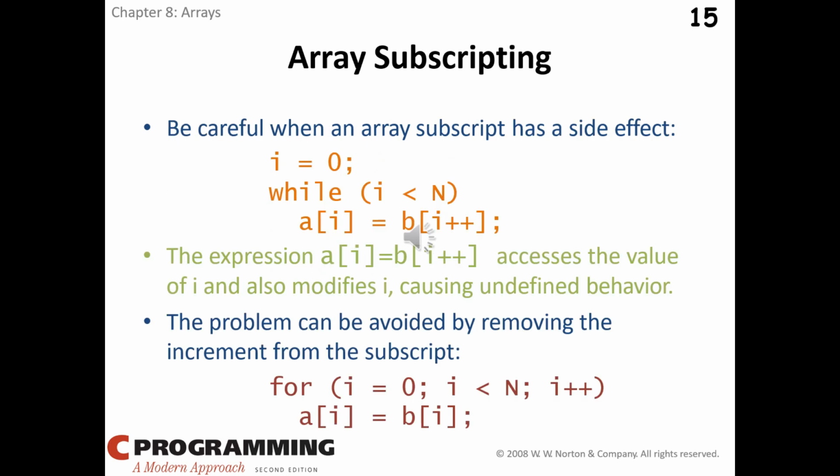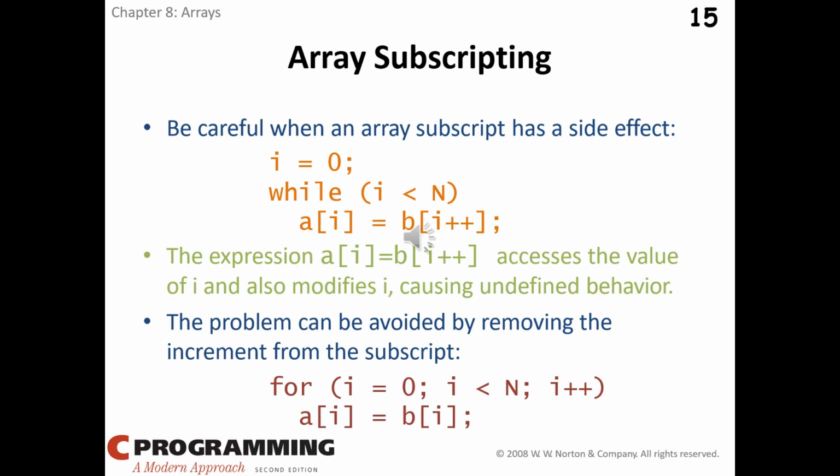Here in this slide we see another example of the side effect. We have a loop where we're setting values in one array based on values in another array. It's like copying notes from one notebook to another, but the problem is our expression for accessing array elements has a side effect. It's like trying to copy notes while also erasing them at the same time. Let's take a look at the loop in orange.